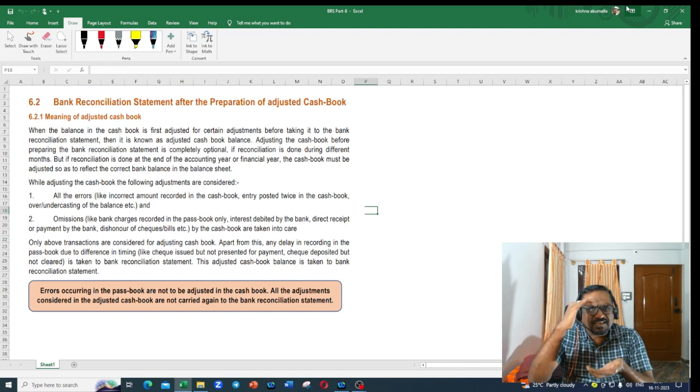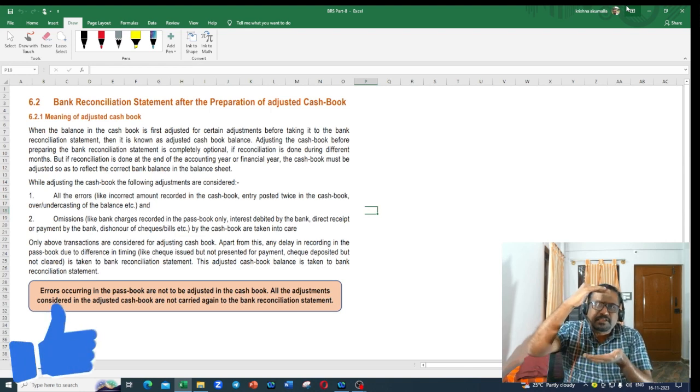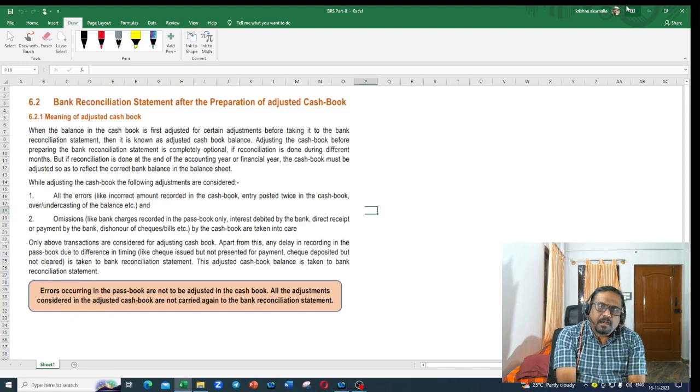What does the bank reconciliation statement say? It says, boss, these are all the differences you identified between passbook and cash book. Okay, differences are there, so your job is over, is it? It cannot be. Once the differences are identified, it is your responsibility to rectify them.